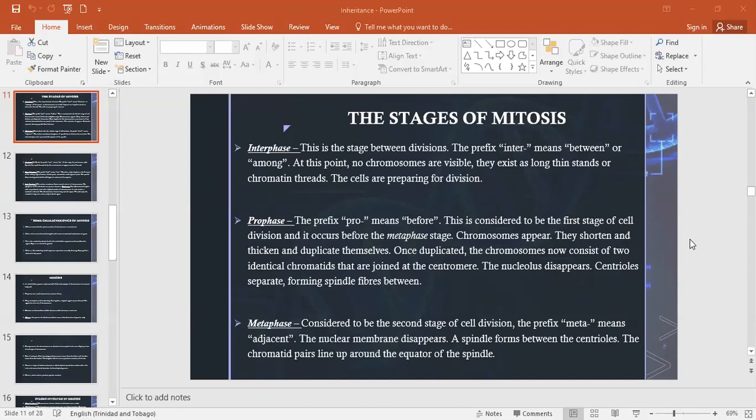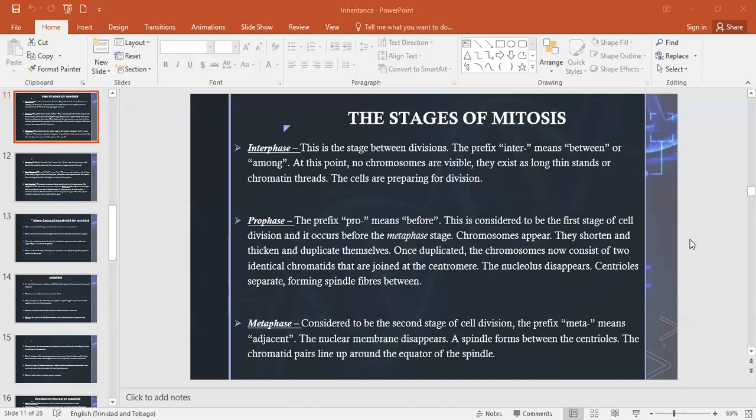And after anaphase, what do we have? Telophase. Early telophase, where they pull to the opposite side. So they are officially pulled apart, right?